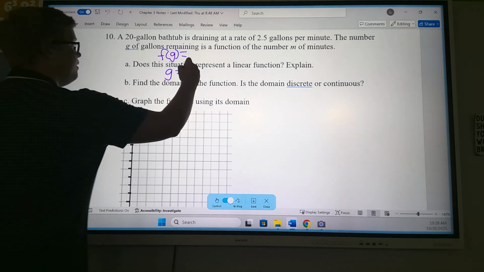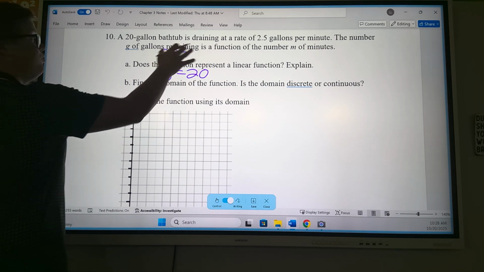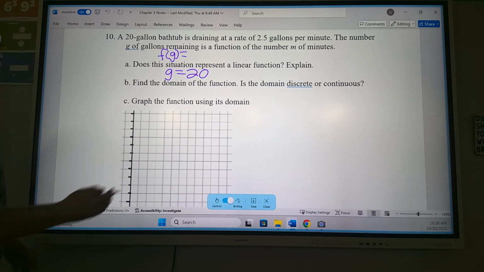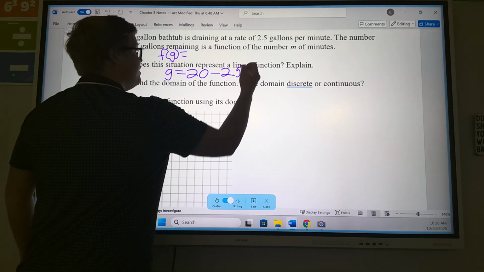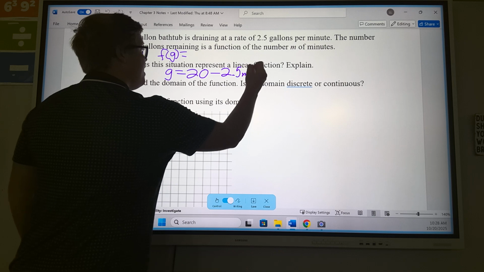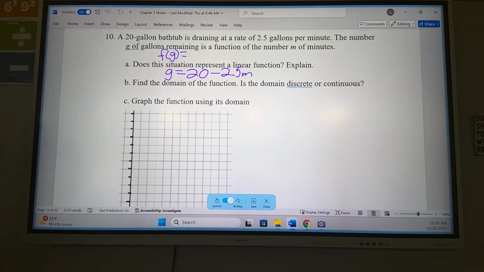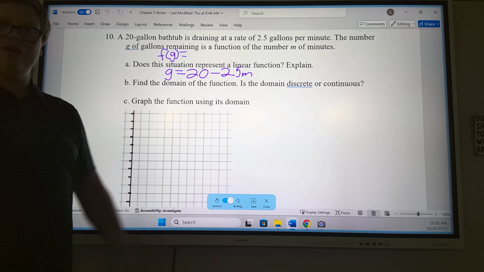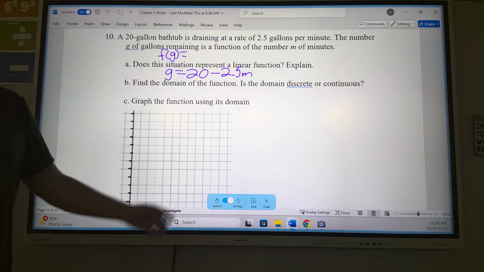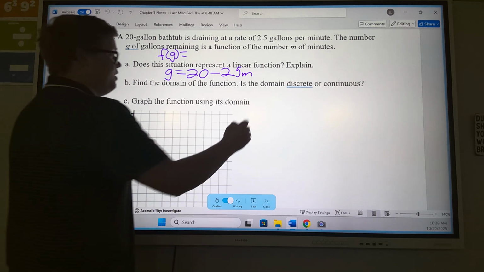We start at 20. And draining means we're losing water, so we're going to do a subtraction. And 2.5 gallons per minute. So an M for minutes. Okay, now, we know it's continuous because it already tells us 2.5. You can lose half a gallon in however many minutes. So, we know it's continuous.